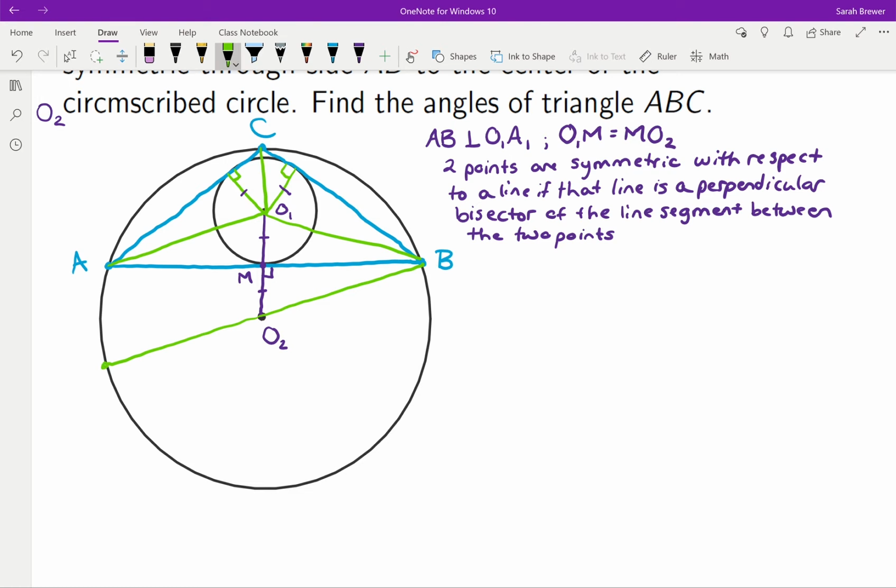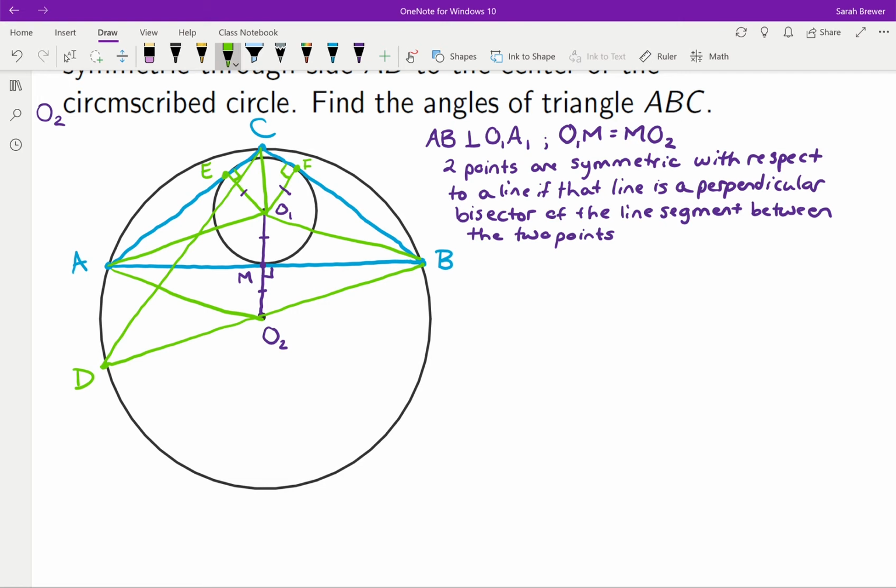Since that's a diameter, I'll call this point D. And I'm also going to draw this radius here in case I need it, and a chord here. Let's give a few more things some labels. I'm going to call those points E and F. And I think that might be all the labels that I need here.